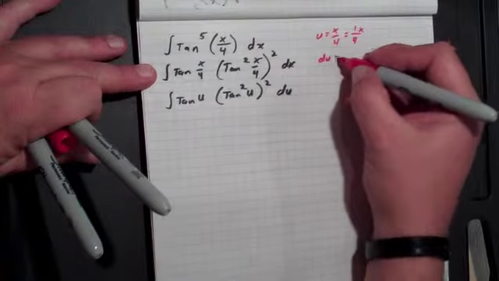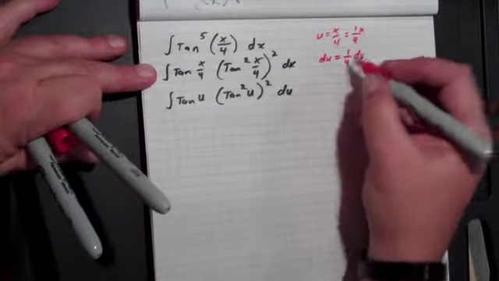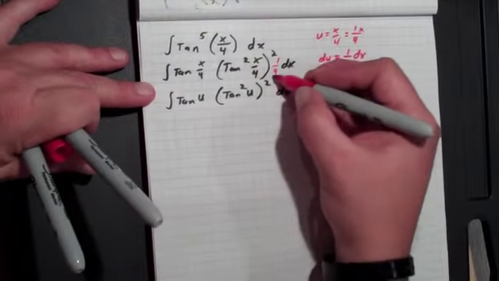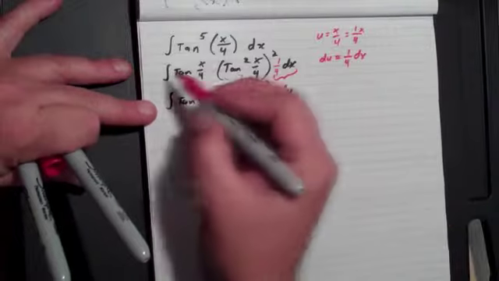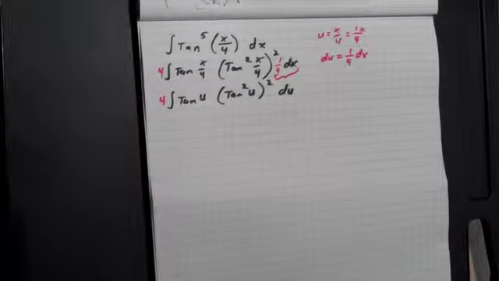The derivative on the left is du, the derivative on the right is 1/4 dx. So you might need to multiply by 1/4 to create the du, and by its reciprocal out front, which is a 4. It's usually best to change everything to u's when the angle is not simply x or theta.